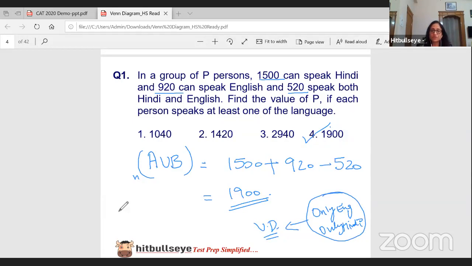If your question gives you information like English, Hindi, and the word only is missing, that means it is telling you the entire English and entire Hindi, then always prefer the formula method. All right. So that's how you decide. If your question gives you only kind of information, Venn diagram will always prove to be better and faster. And if your question does not use the word only, it says the entire English, entire Hindi is given to you, use the formula method. That will certainly be faster and easier for you.